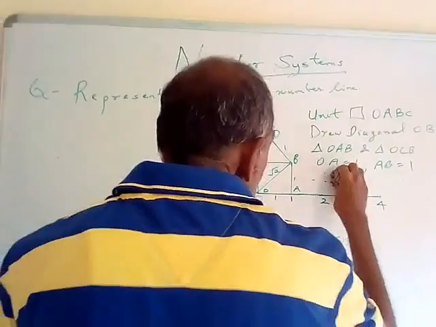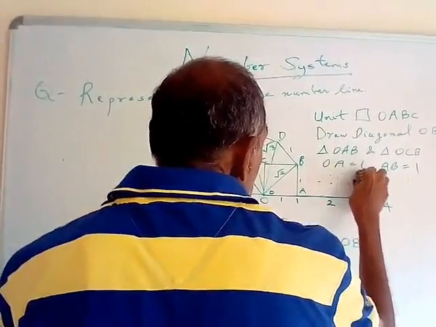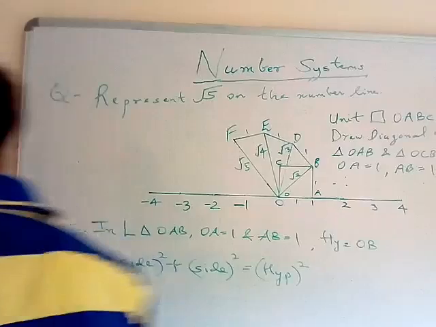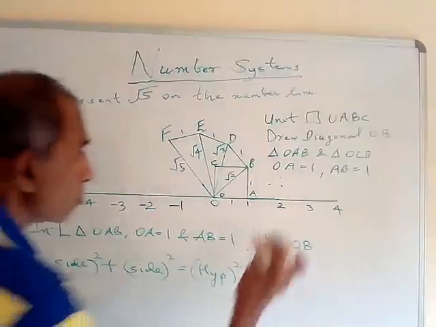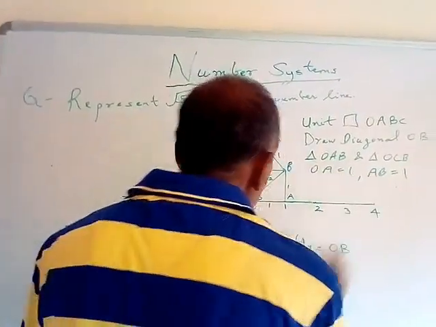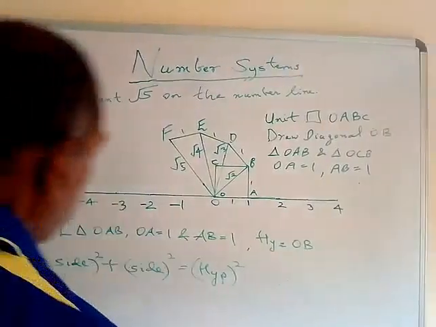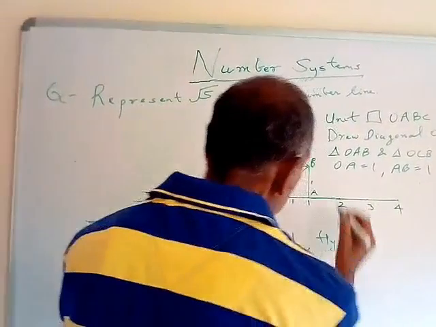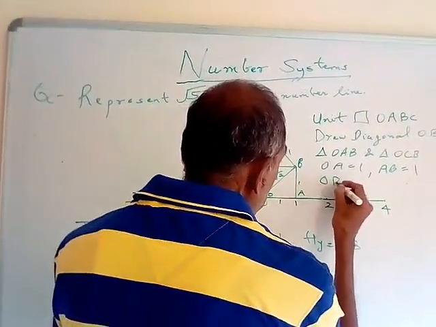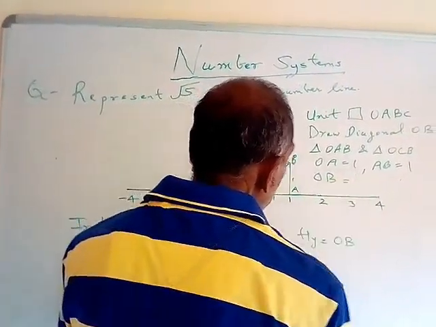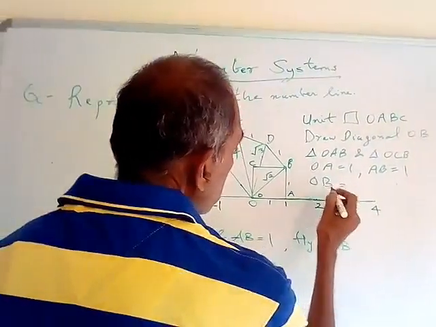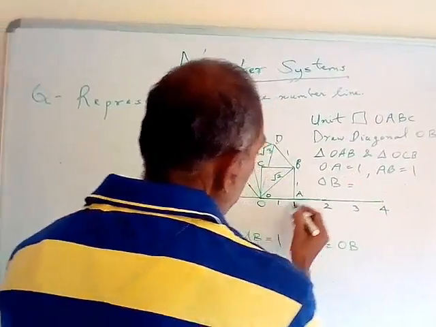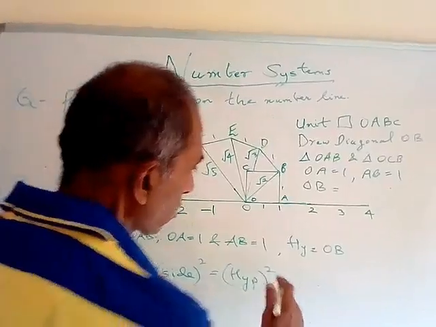Therefore OB, the hypotenuse, is equal to 1 plus 1, side plus side, side square.